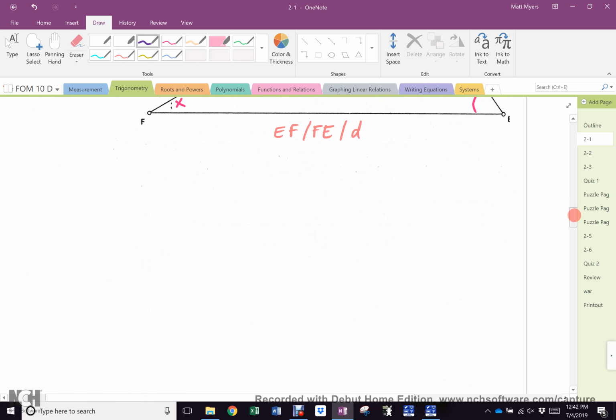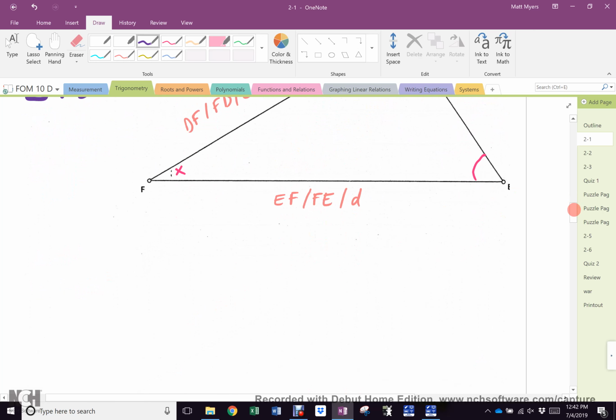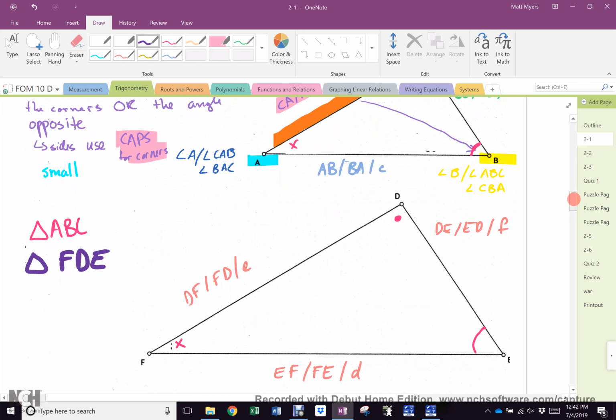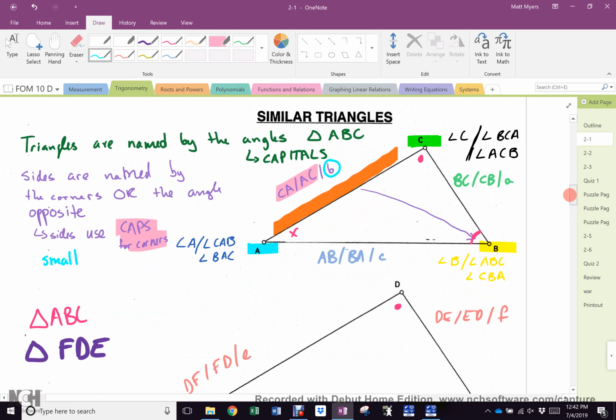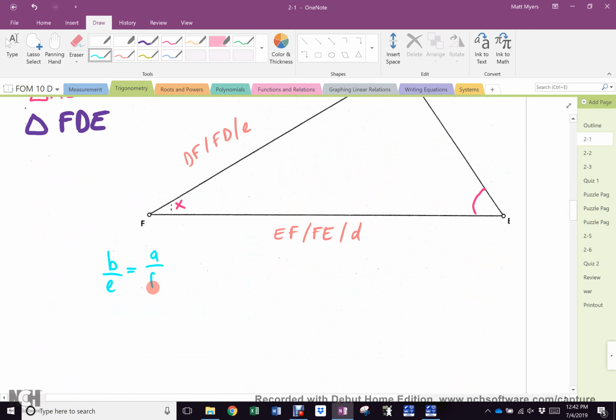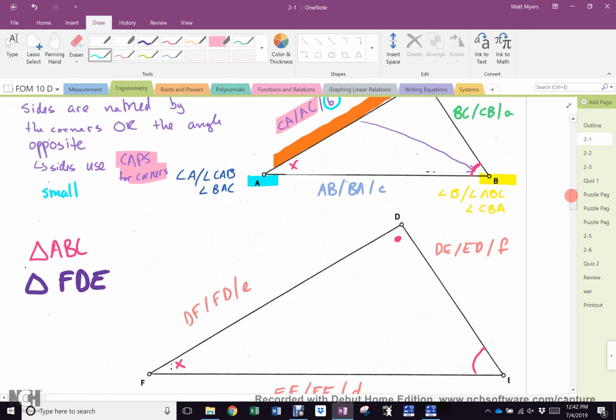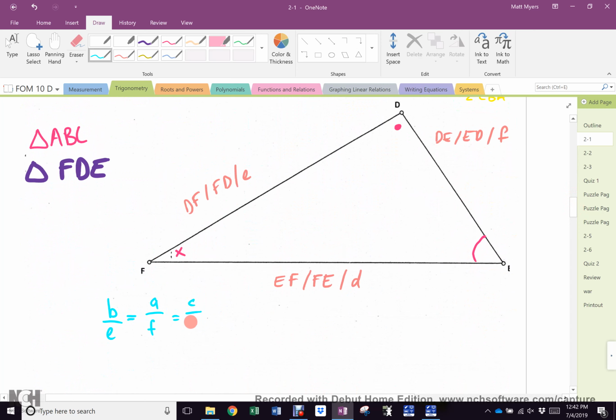Now, the other thing you need to remember from this, and normally I do a whole chart with this, if I compare angle B to angle E, and I make that fraction, then that means that side A will compare with angle F, and side C will compare with side D. All those fractions would be the same.